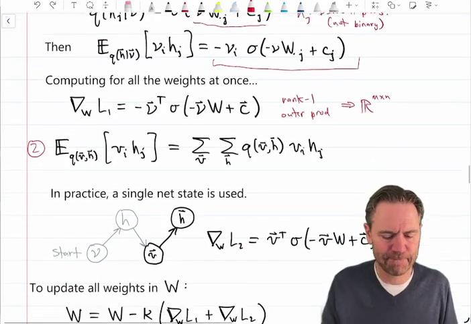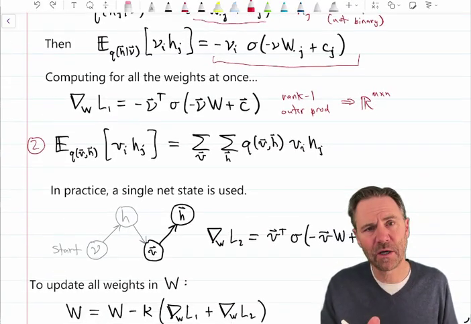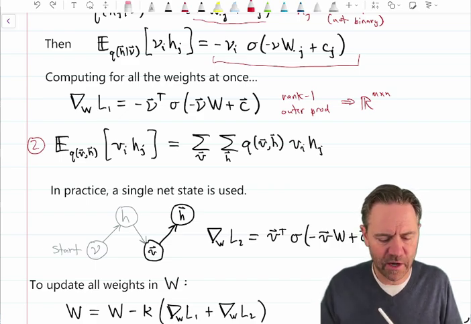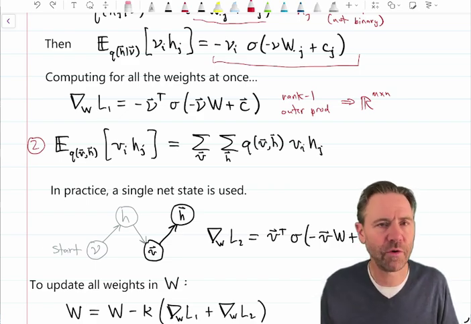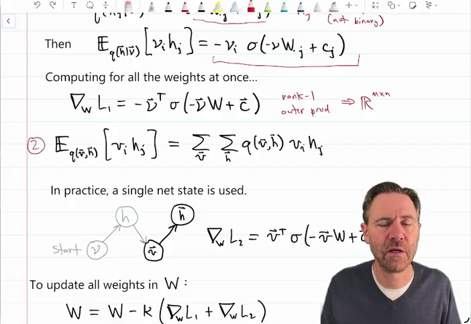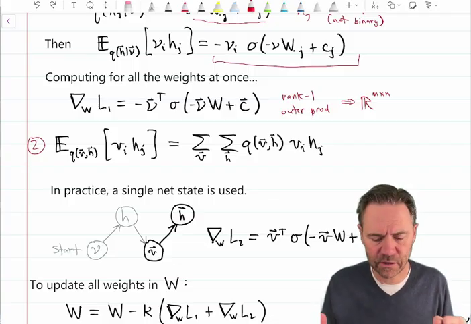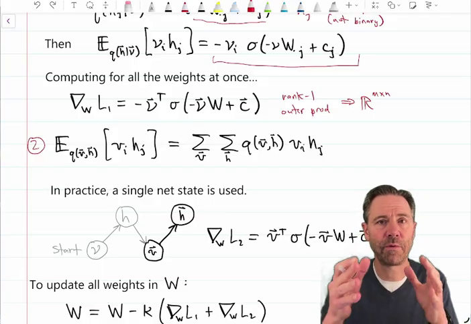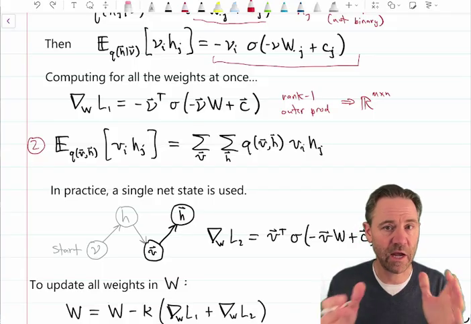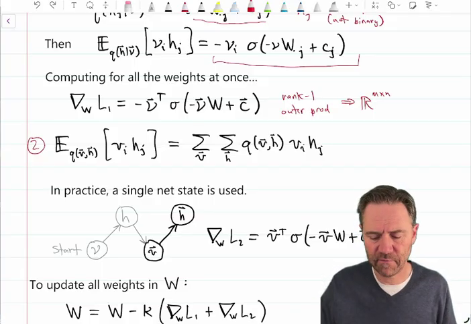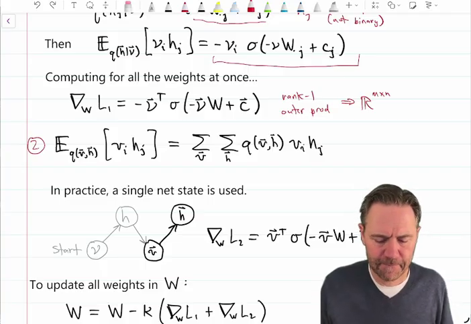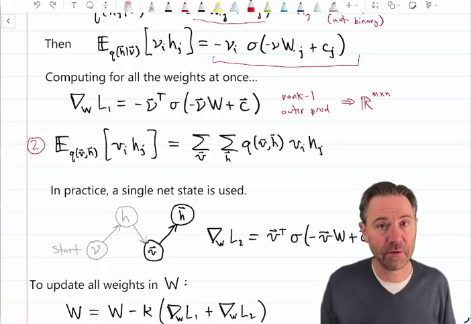Okay. Now on to term 2. The expected value of VIHJ over the joint probability of Q is this double sum over all the different V's and the H's, the probability of observing that VH state times VIHJ. So this is just expected value.